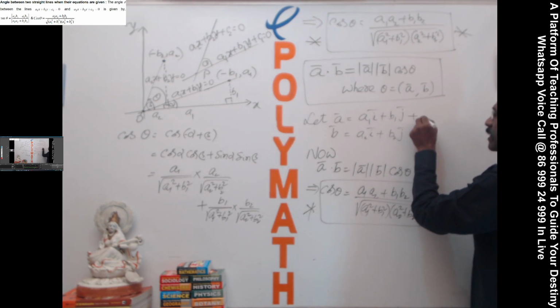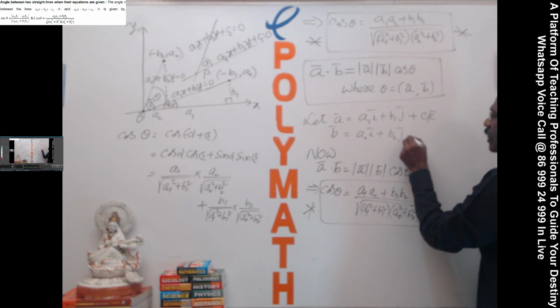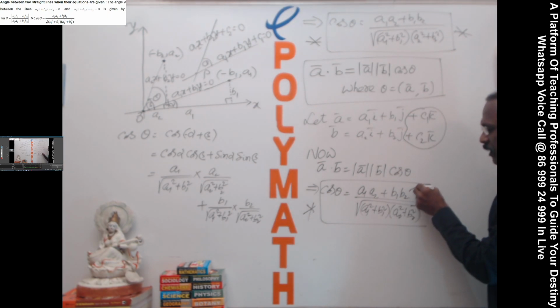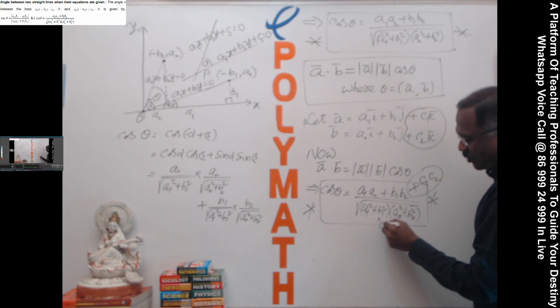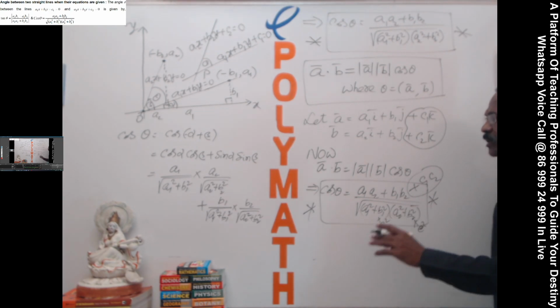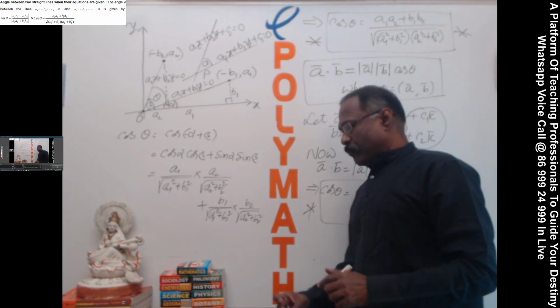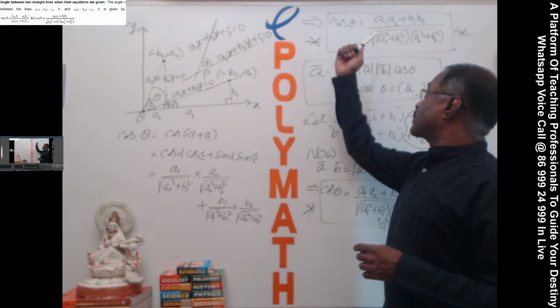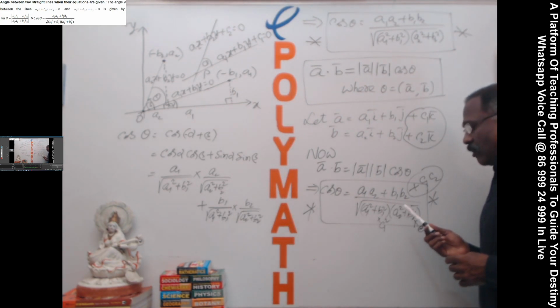If c1 k bar and c2 k bar are also included, you will get plus c1 c2 in the numerator, plus c1 square and plus c2 square under the roots. So both are the same; one is the two-dimensional formula and the other the three-dimensional formula.